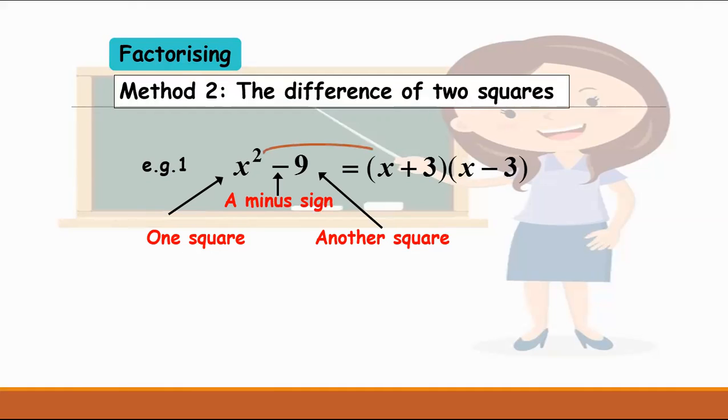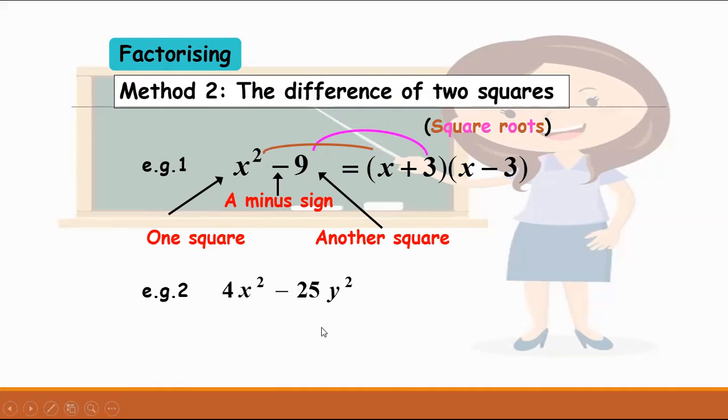If we have these indications, we take the square roots of both terms, one time with a plus sign and one time with a minus sign. This is the process of factorizing this type of expression in which the first term is a square, the second term is a square, and there is a minus sign in between.